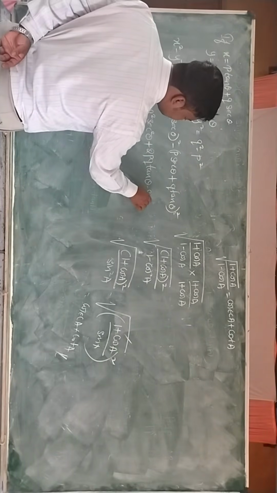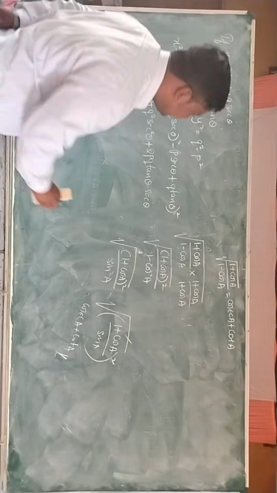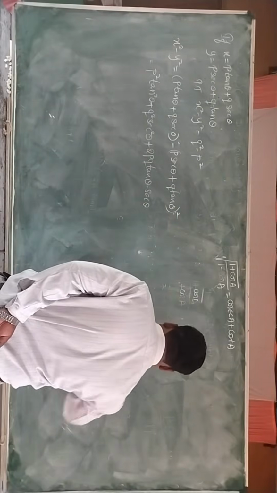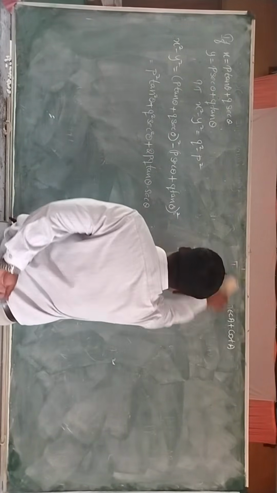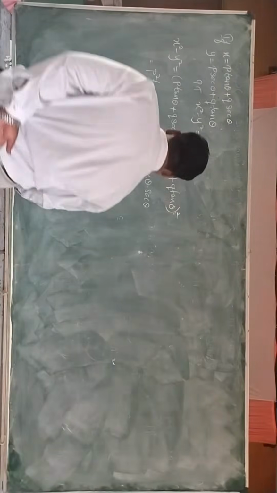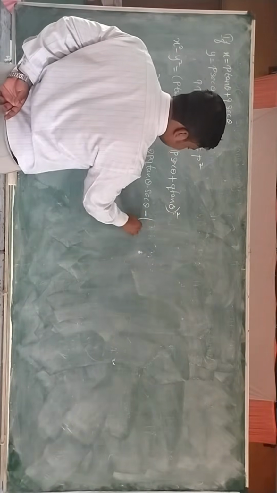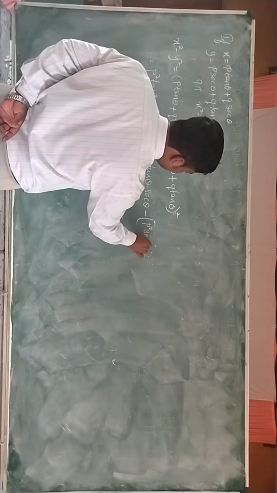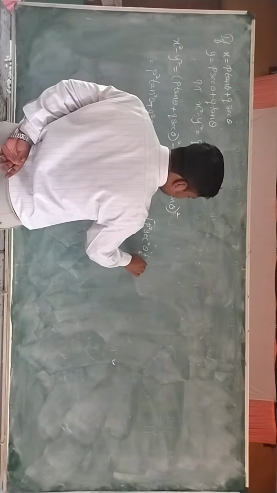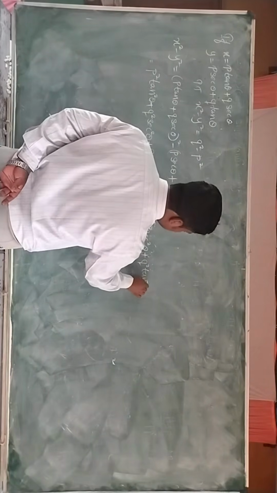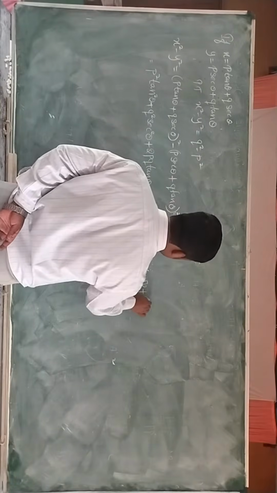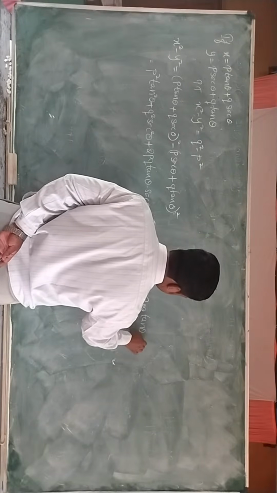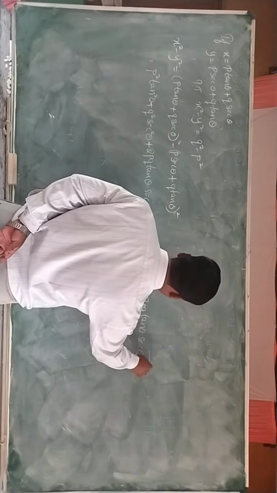Similarly, we can expand one more equation, (a minus b) whole square: minus into brackets p square sec square theta plus q square tan square theta plus 2 times pq tan theta into sec theta. Make it complete.